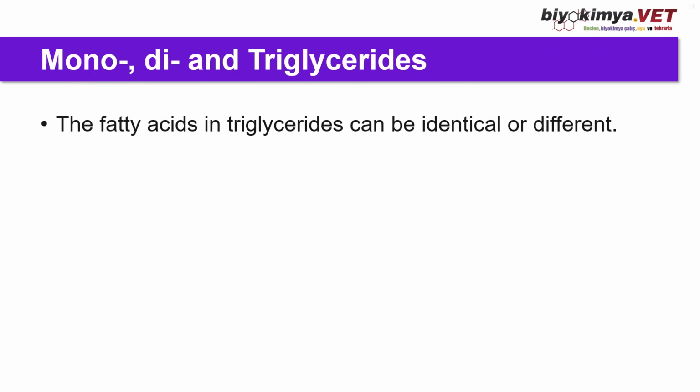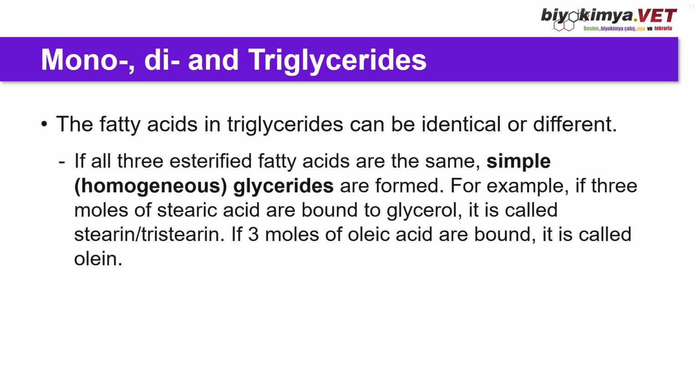And as I said in the previous slide, the fatty acids in triglycerides can be identical or different. If all esterified fatty acids are the same, we call it simple or homogeneous glycerides. And the term glyceride is also used to represent the triglyceride.